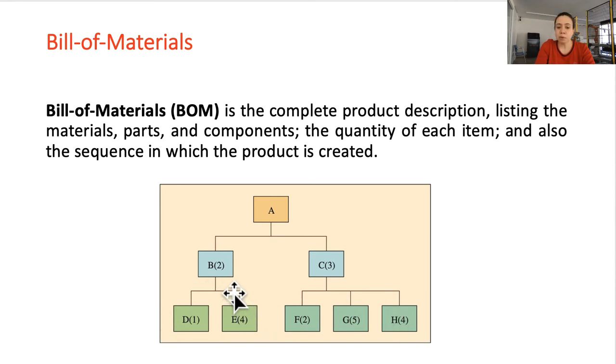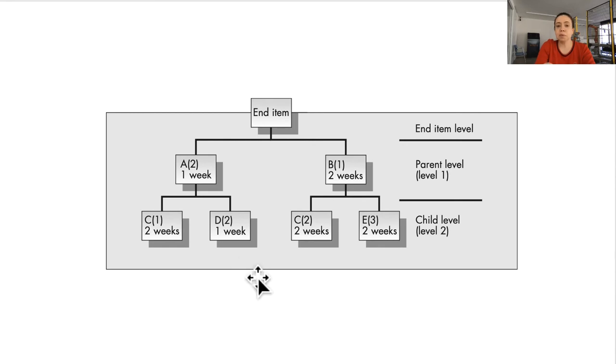To be able to produce these components, for example, to be able to produce B, we have to produce D and E, and in parentheses the required amounts of these components are given. And to produce C, we need 2 units of F, 5 units of G, and 4 units of H. And for example, in this bill of materials, the lead times of the components are also given.